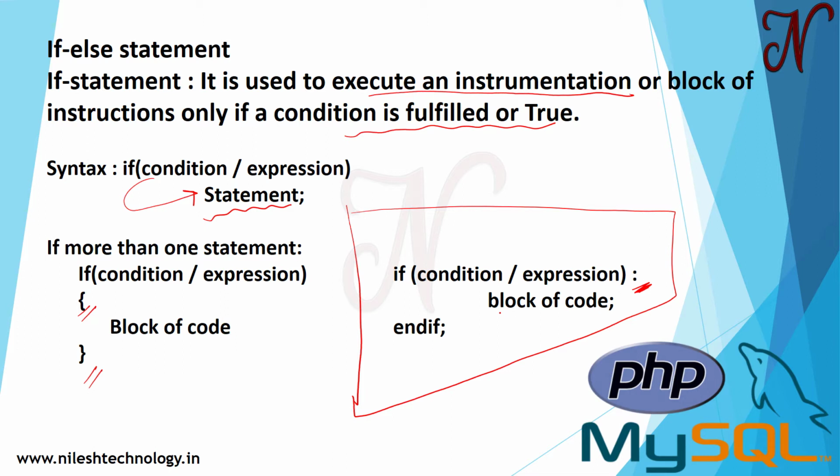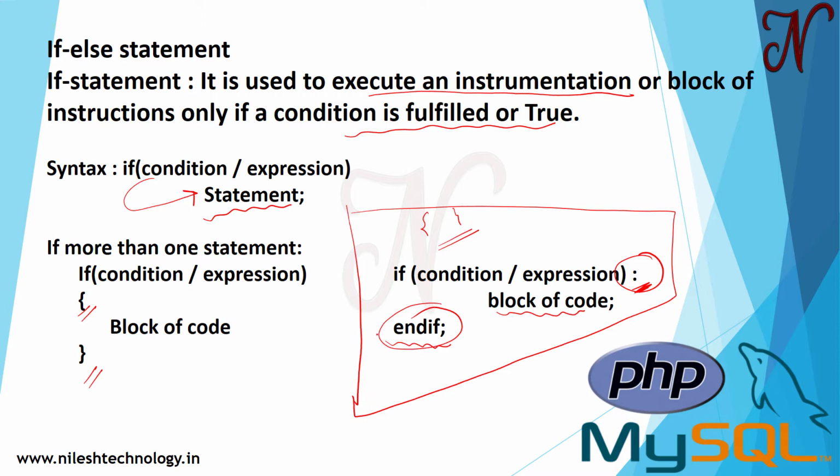After that you write the block of code, and to close the if statement, write one keyword, endif, and a semicolon. There is no need to use the parenthesis. Instead of the parenthesis we use the colon, and for the ending we use endif.